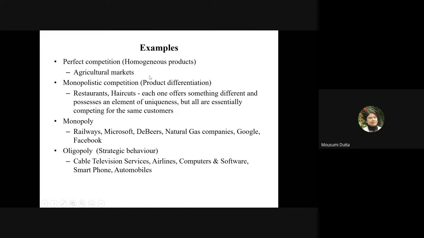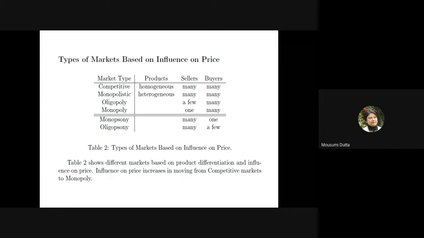There are very few examples in real life where you will find the commodities are really homogeneous. Only in the context of agricultural markets, at least up to a certain extent, we can imagine the commodities are homogeneous in nature.